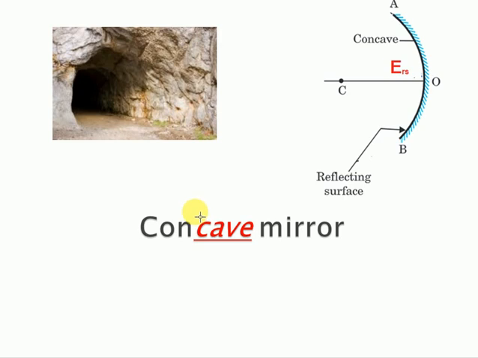As the name suggests, concave, cave, and you all are aware what a cave is. So if we observe this cave, we'll find that there is a space for any human to enter, or any kind of animal to enter, or a ray of light to enter.